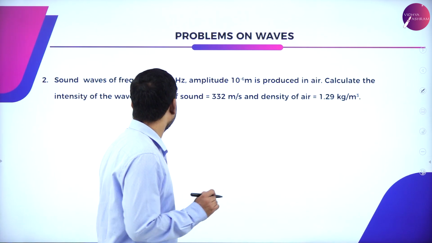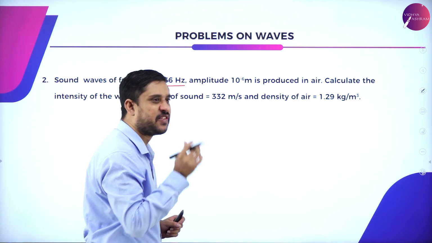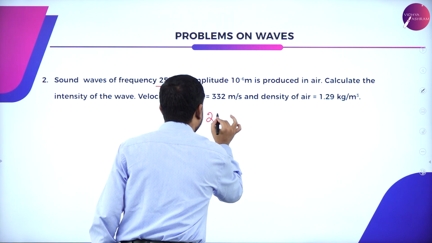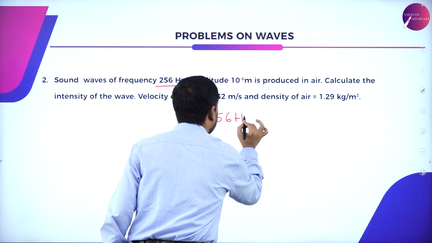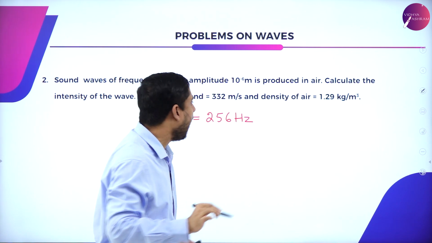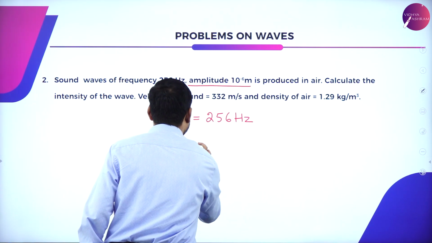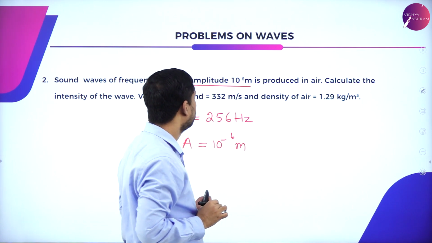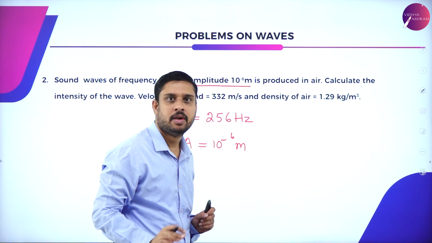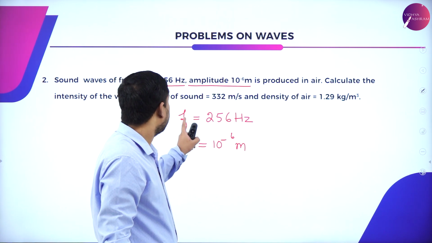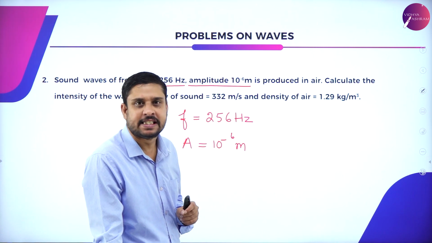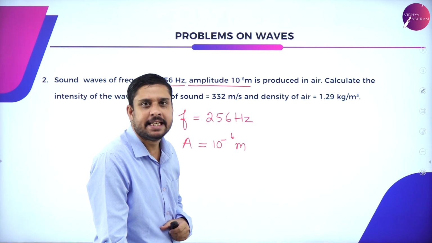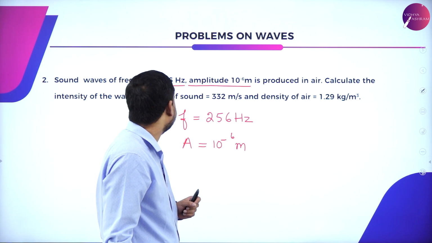Next one. Sound waves of frequency 256 Hertz, amplitude 10 power minus 6 meter, is produced in air.